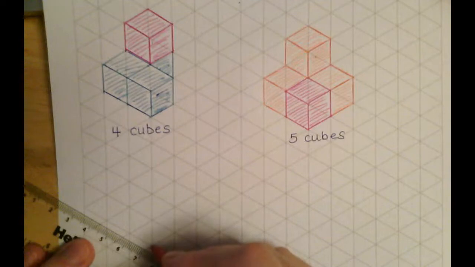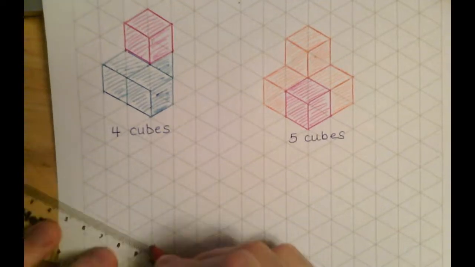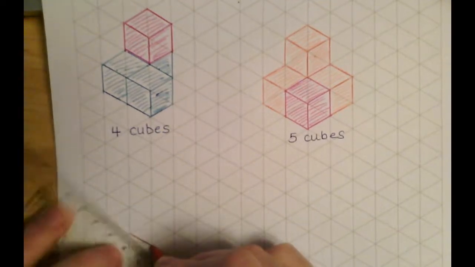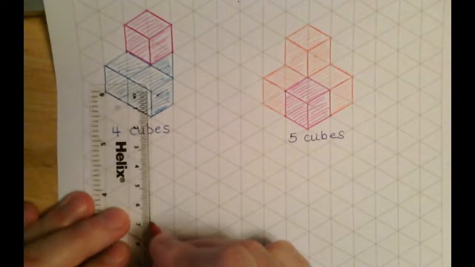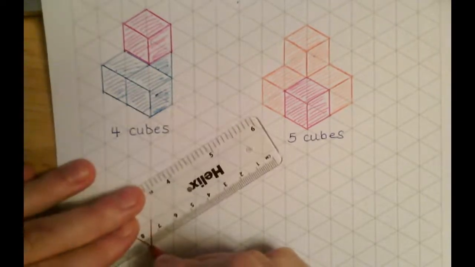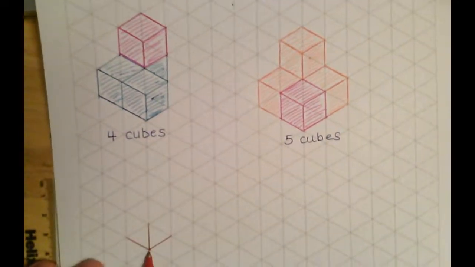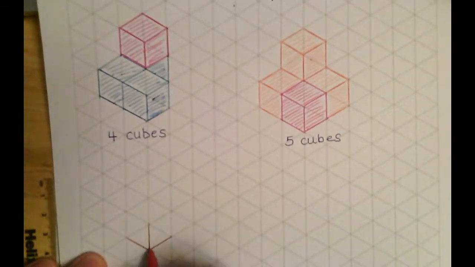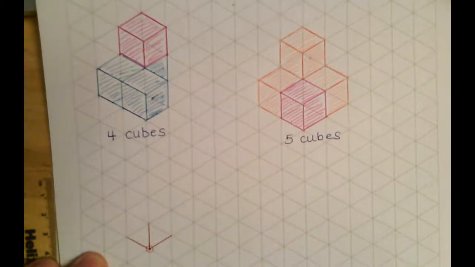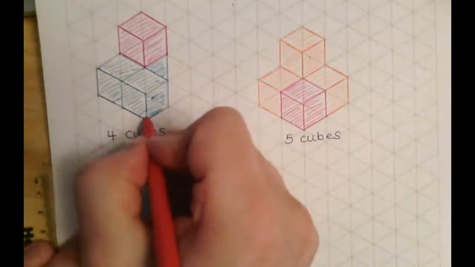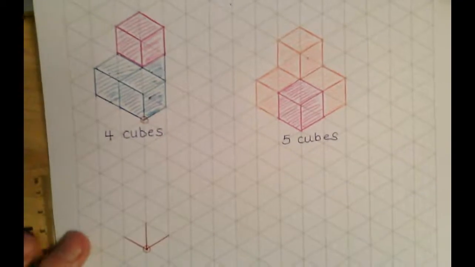So I'm going to start here. And I'm going to draw my little W style shape of the corner, or technically the vertex, of the first cube. So this point here actually relates to this point here.